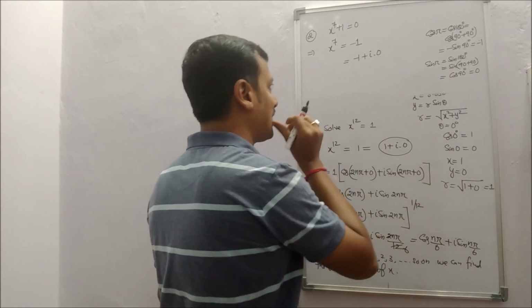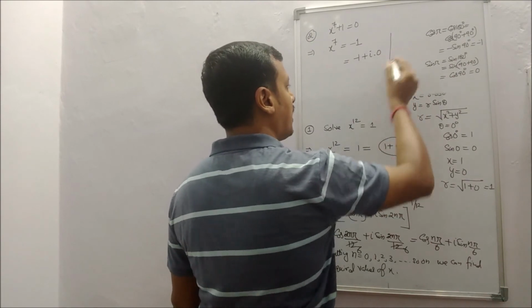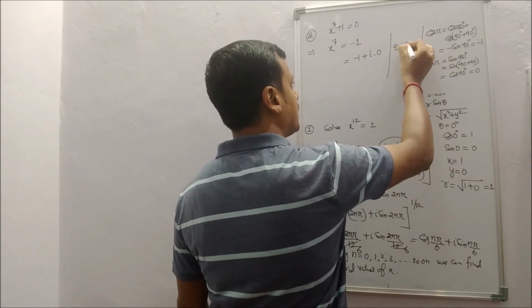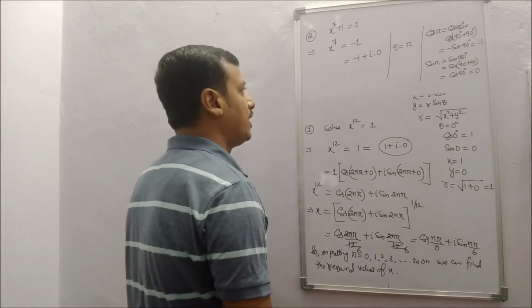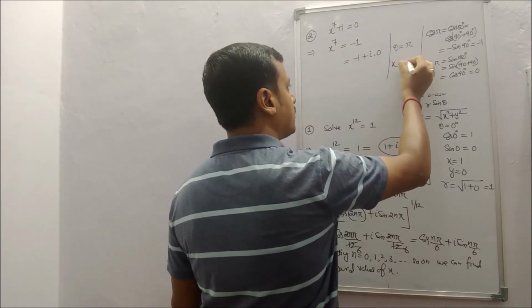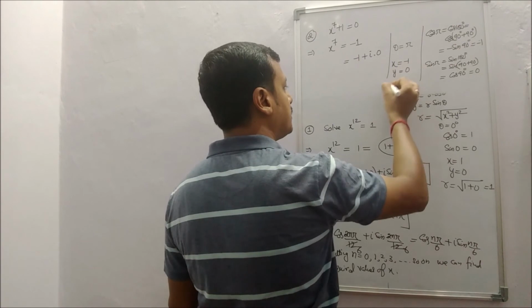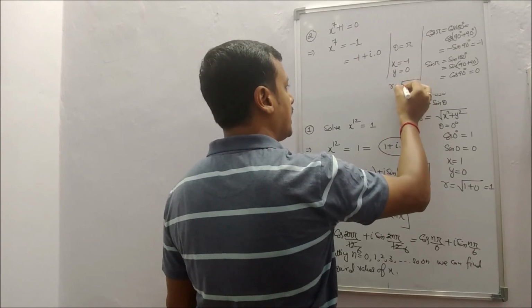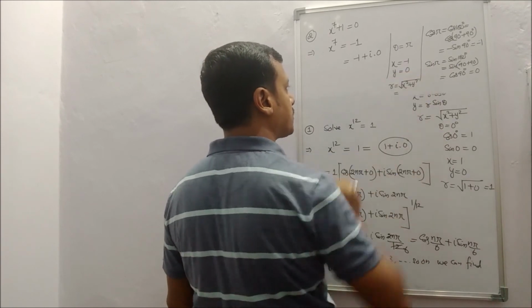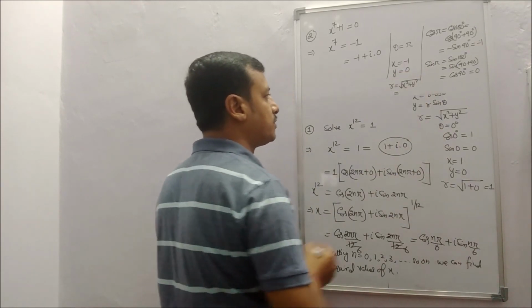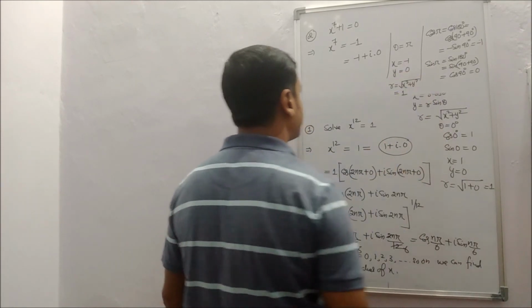So we can easily find the value of theta. So theta is equal to pi here. Now next, what is the value of x? X is equal to minus 1, y is equal to 0. So r is equal to root of x square plus y square, that is minus 1 square is equal to 1, 0 square is equal to 0, that is equal to 1.